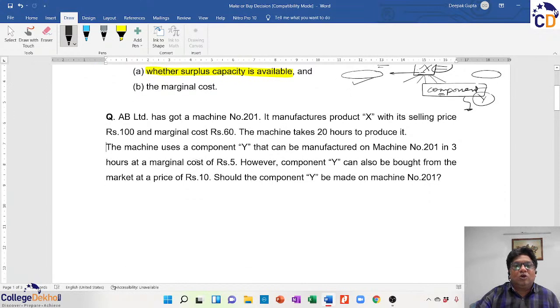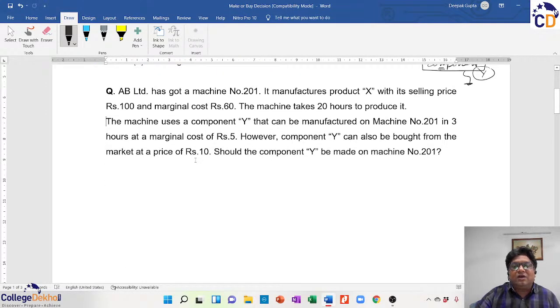So to make you understand this, I have created this question which is perfectly valid for a make or buy decision. If you understand this question, you will come to know that this company AB Limited has a particular machine. This machine actually denotes the production facility.